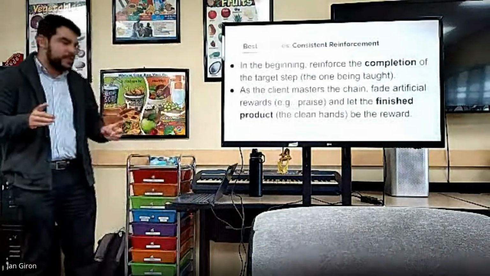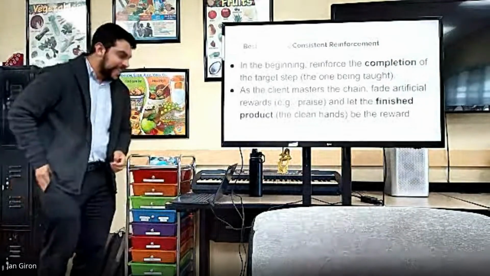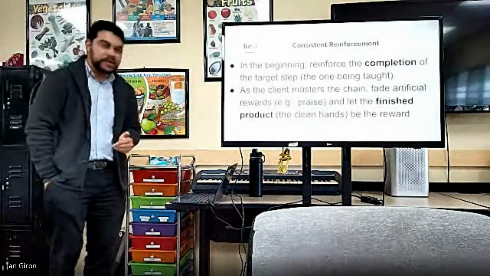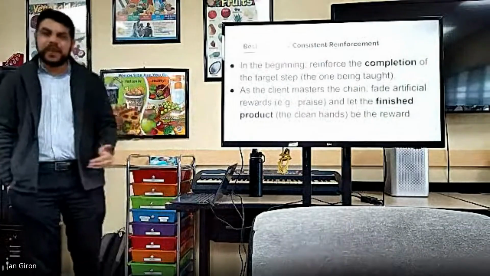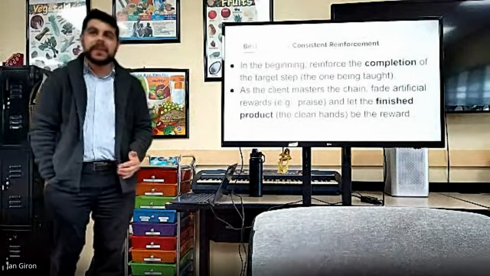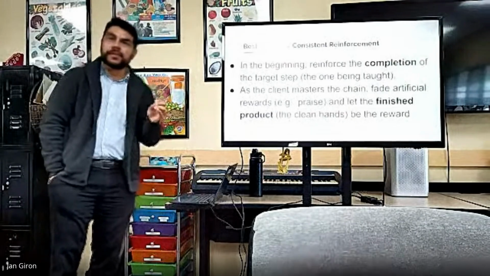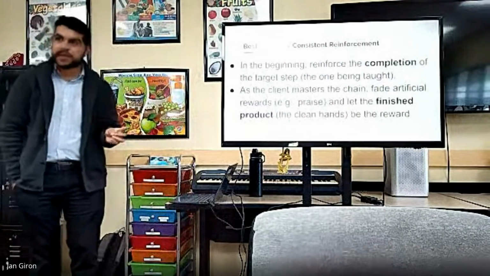Okay, these are on here. So for chaining, one of the important things that we want to do, and this is kind of the case for any single instructional method, is to consistently reinforce, but only reinforce the new target.